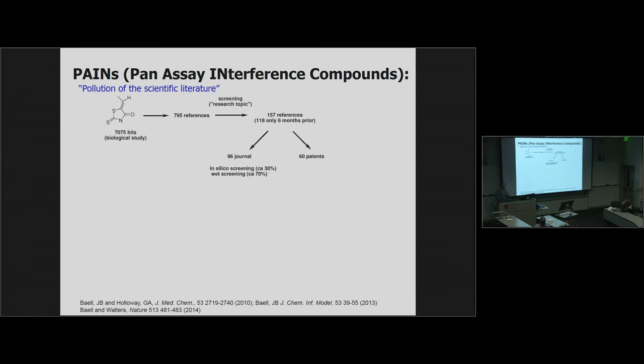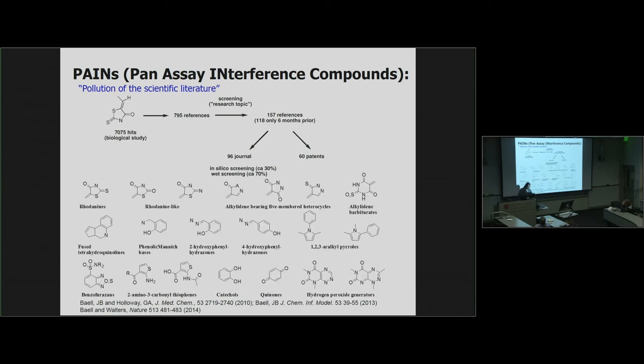And Jonathan Baell, a few years back, came up with this concept of pan-assay interference compounds, or PAINs, that he and a lot of others feel are polluting the scientific literature. And what people have been doing is going through and trying to systematically identify some of these pharmacophores as things to watch out for.